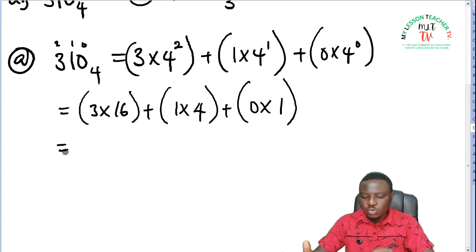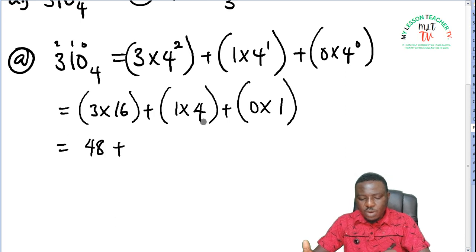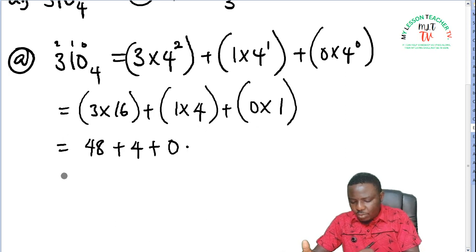This is equal to, you then multiply what you have in the bracket. 3 times 16 is 48, plus 1 times 4 is 4, plus 0 times 1 is 0. Add up these numbers. 48 plus 4 gives you 52 base 10.